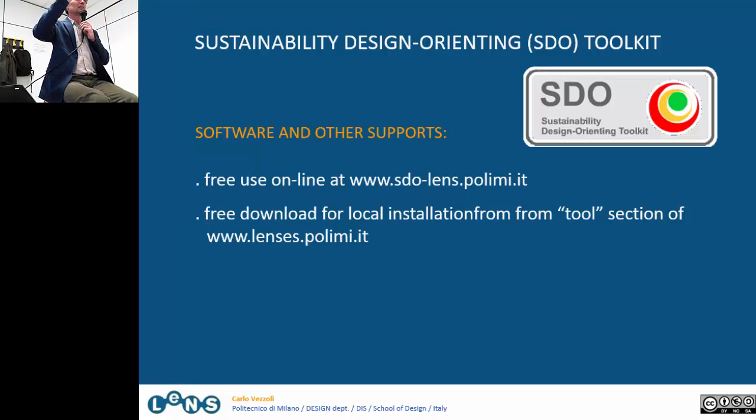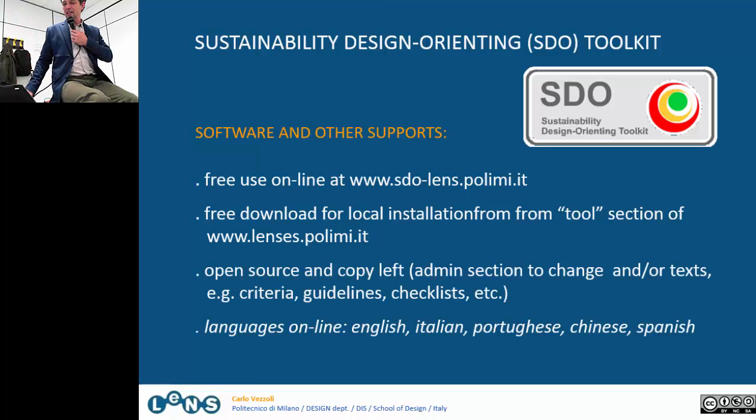And since there is an admin section, you can even change the language, change the criteria, the guidelines, and so you can reconfigure this. Because maybe the way in which you teach or the sustainability agenda in your country or region is different from this. So this is open source and copyleft. Okay, and basically we have this in different languages.